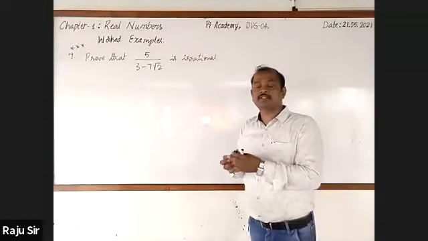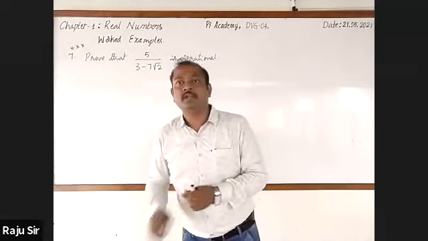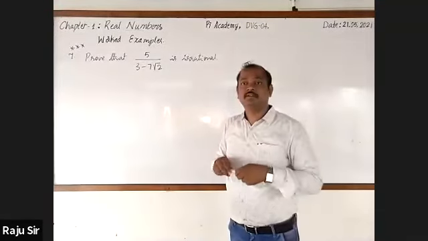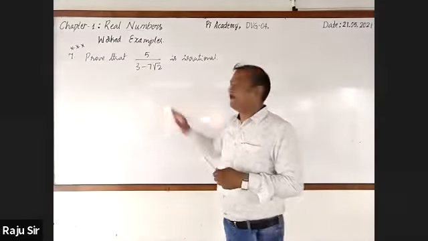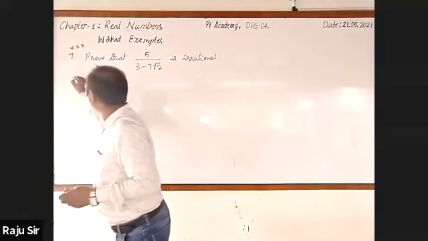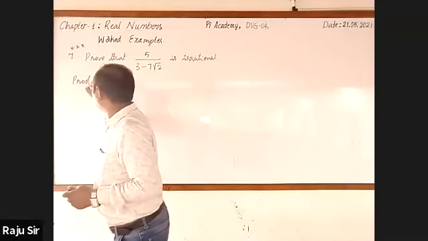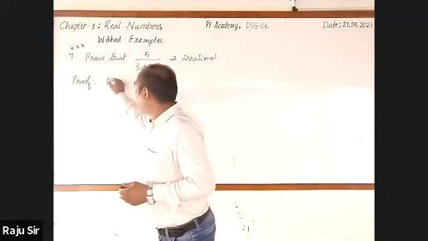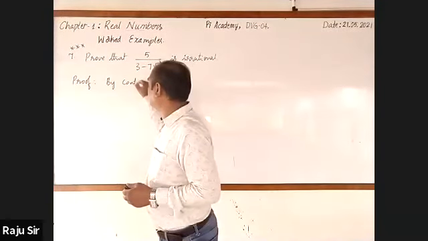Just by observing the statement, you may recall your 9th standard concept, that is rationalizing the denominator. Is it not? Okay, now let's move on to prove this. Prove by contradictory method.